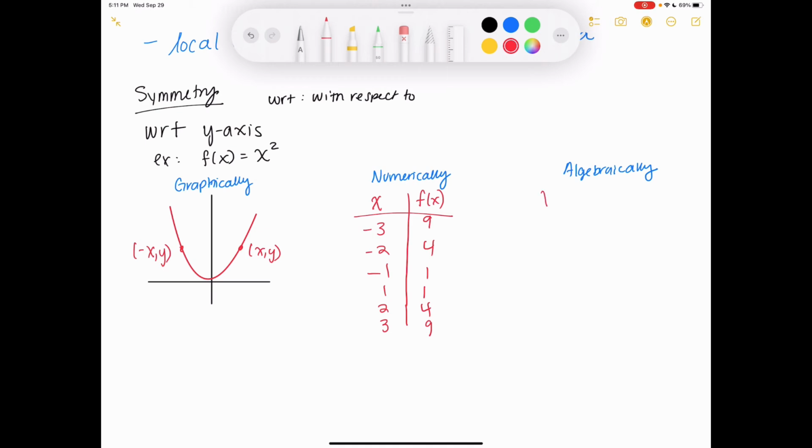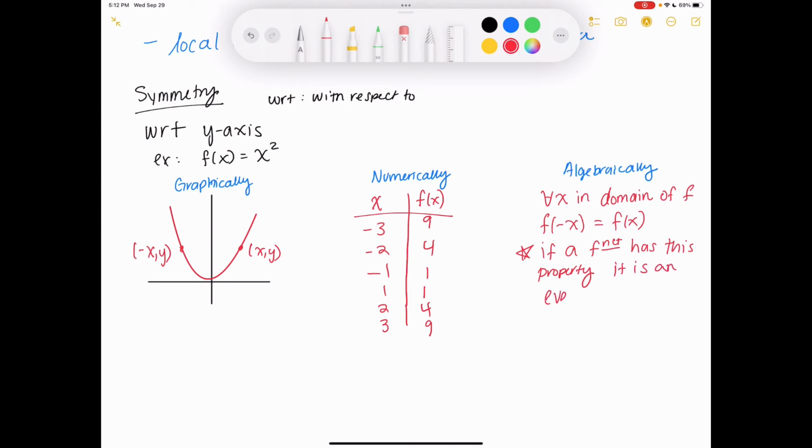And then algebraically, for all x in the domain, remember the upside down A is for all, of f, f of negative x is equal to f of x. Something to note, if a function has this property, it is an even function.